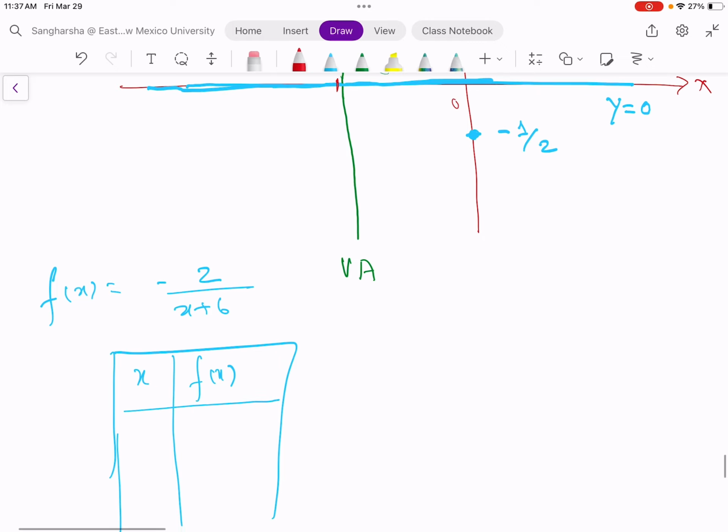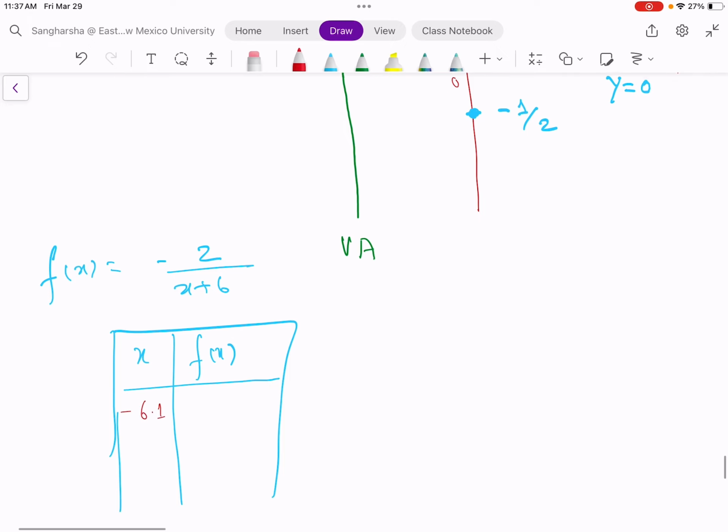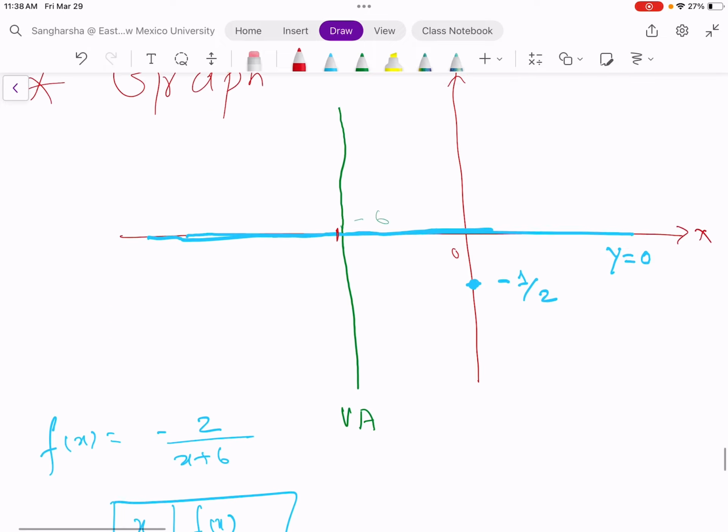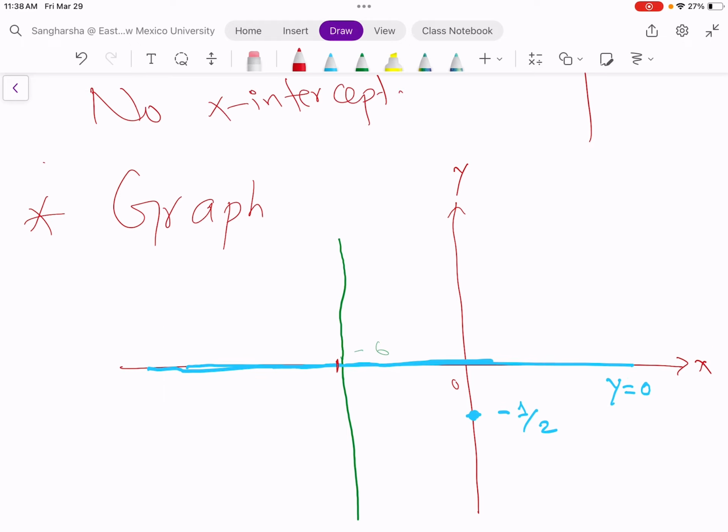So if x is -6.1, we find the output. We have -2 divided by (-6.1 plus 6), that is -2 divided by -0.1, and that is 20. So we have 20 somewhere here, right?